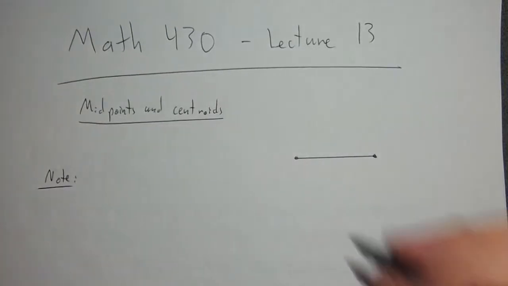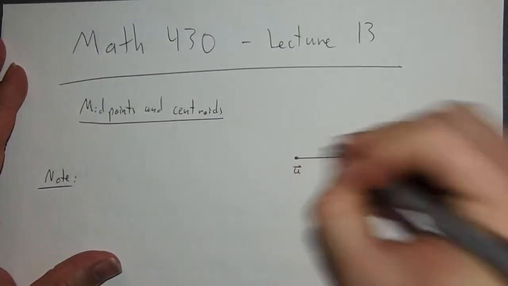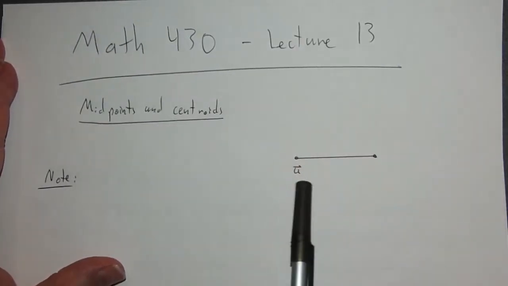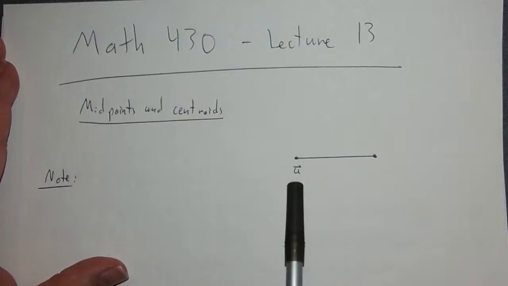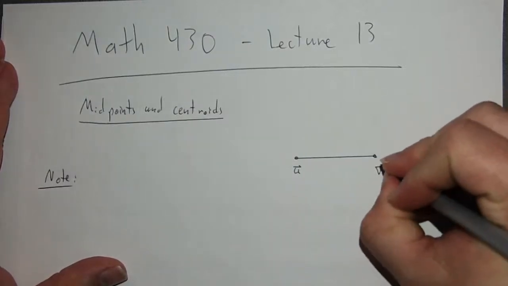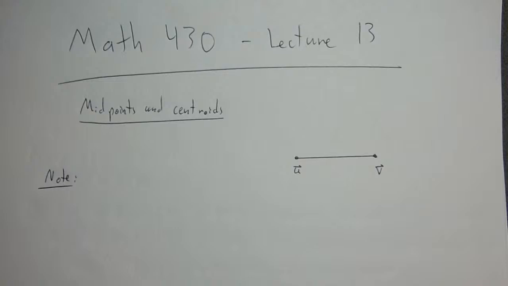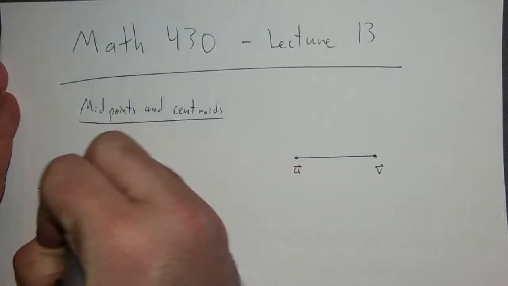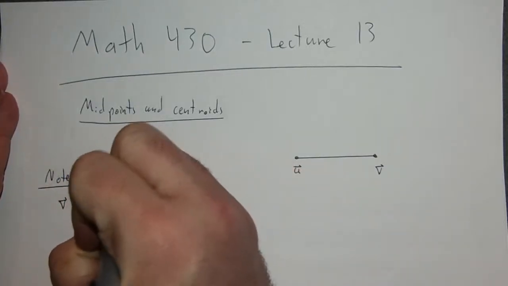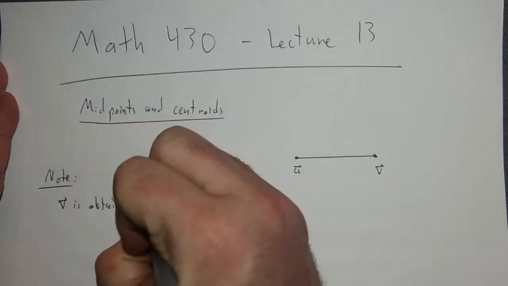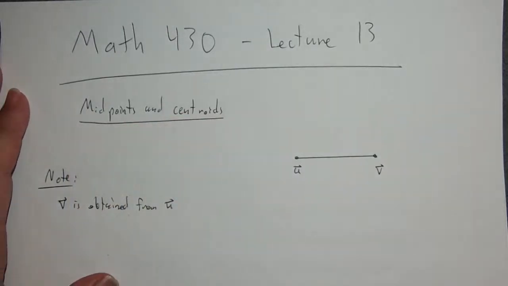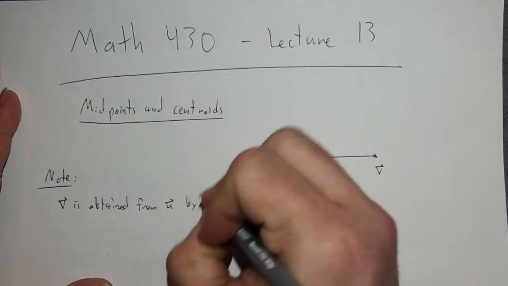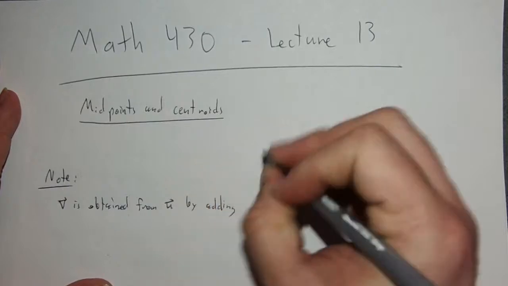have two vectors, so let's say this point, whatever it is, represented by vector u, this one v, right? So each of these points corresponds to some ordered pair, which I'm calling these vectors u and v. So note v is obtained from u by adding v minus u.